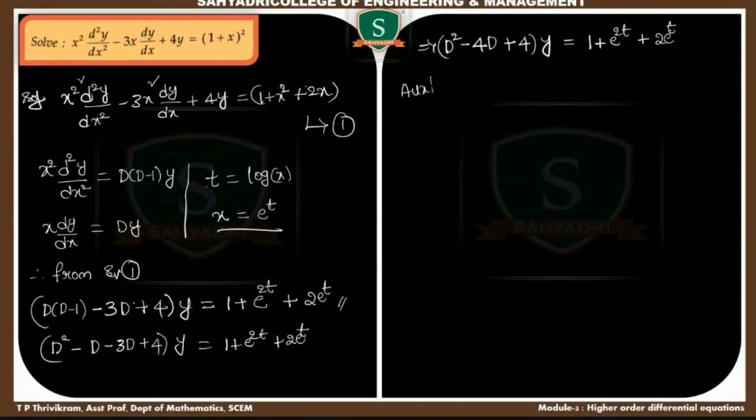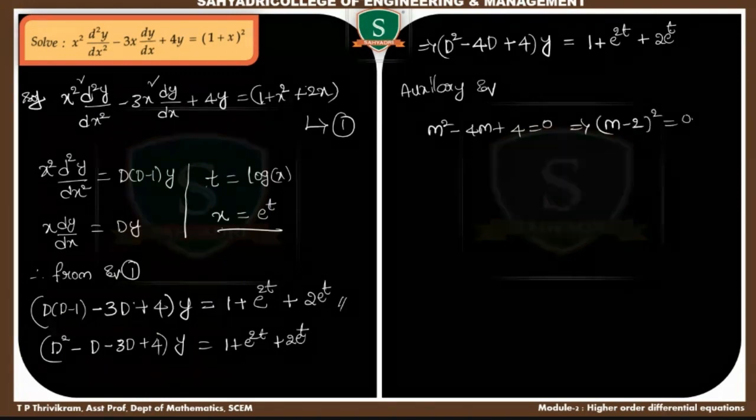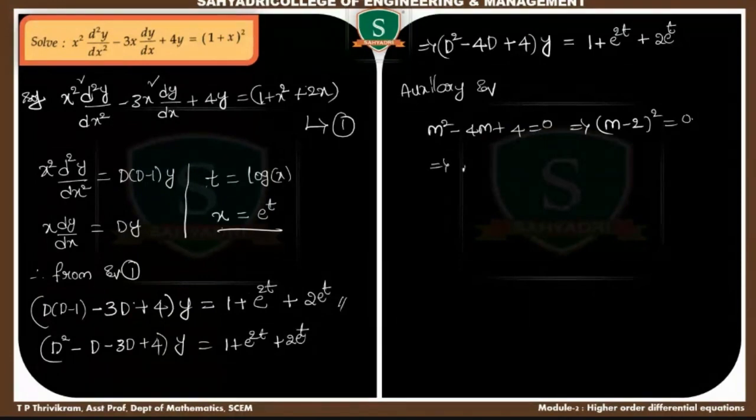Auxiliary equation. What is auxiliary equation? m square minus 4m plus 4 is equal to 0, implies this can be written as (m minus 2) whole square equal to 0, implies m1 equal to m2 is equal to plus 2.